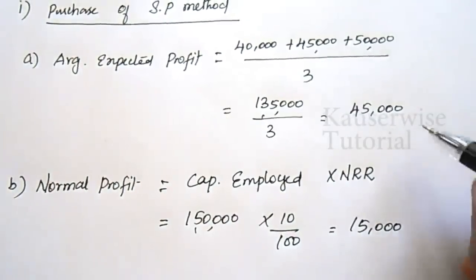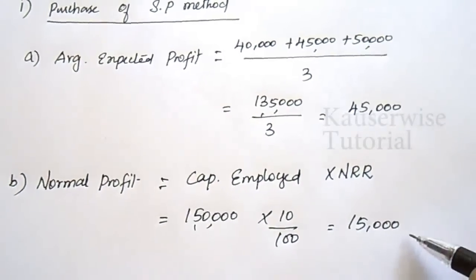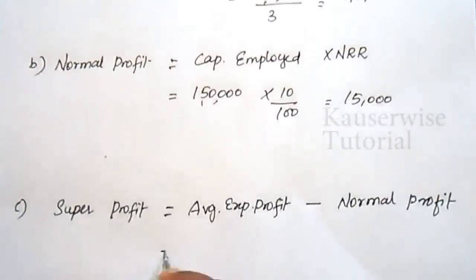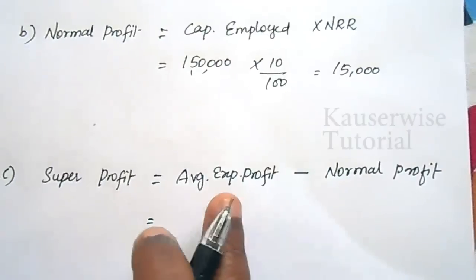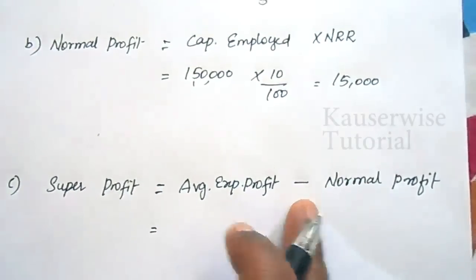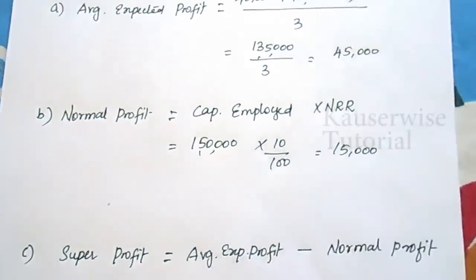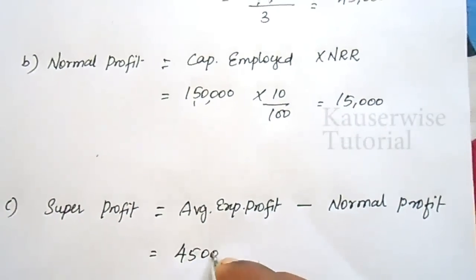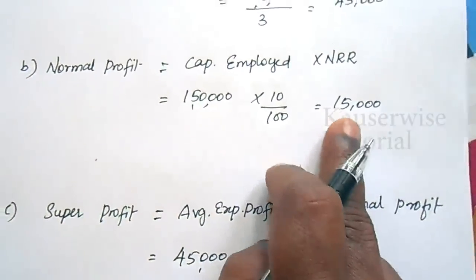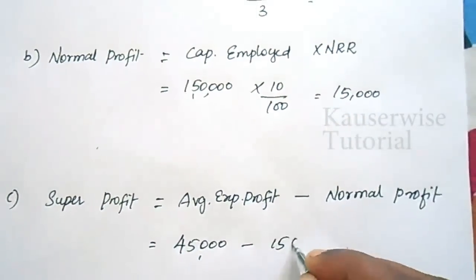We have got average profit and normal profit. Now we can easily find the super profit. Super profit is equal to average expected profit minus normal profit. Average expected profit is 45,000 minus normal profit 15,000. So what is the difference?